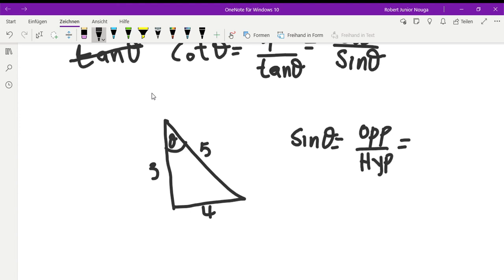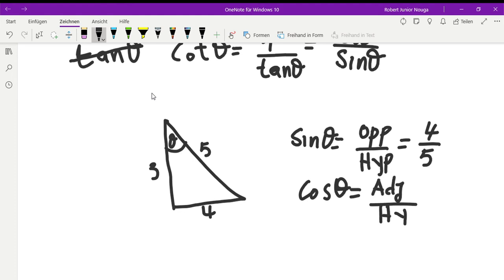My opposite in this triangle is 4 and my hypotenuse is 5. For the cosine function, it is equal to the adjacent divided by the hypotenuse, and my adjacent here is 3 and my hypotenuse is 5.